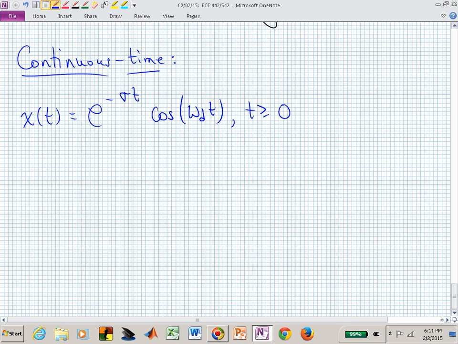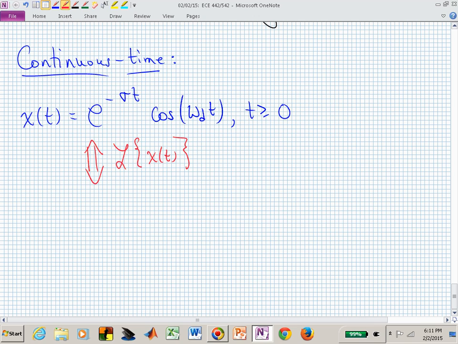I'm going to run out of space, so now instead of going left to right, I may go up and down. But what's the Laplace transform of little x of t? Here, let's just assume sigma is some positive number, so we do have damping. We have e to the minus 2t.